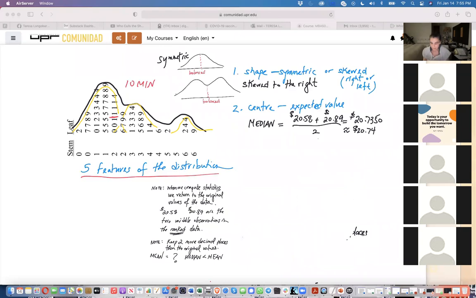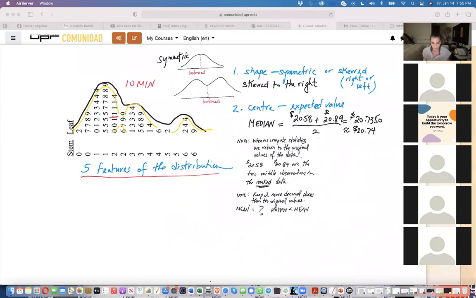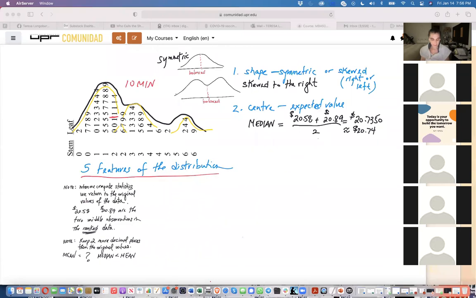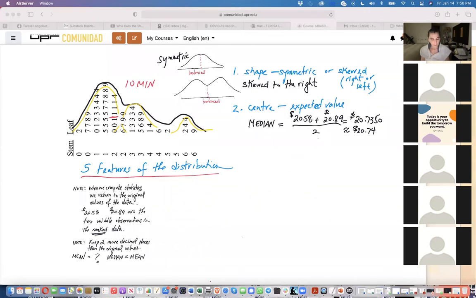And that is in fact a method: if you don't have a graph, you could look at statistics to determine if a distribution is skewed.